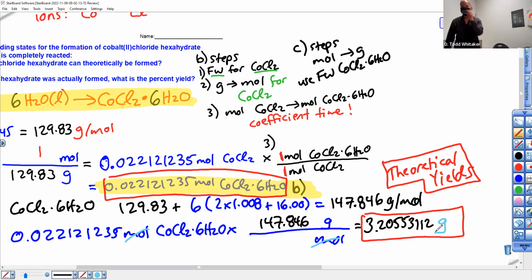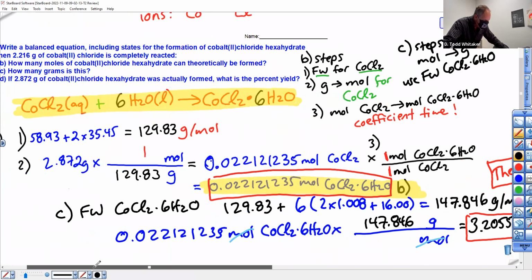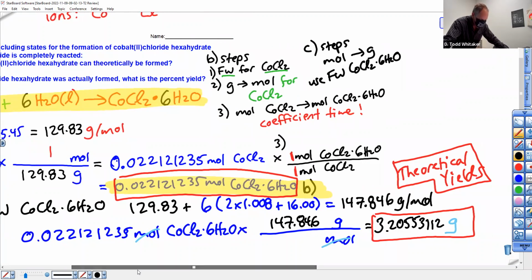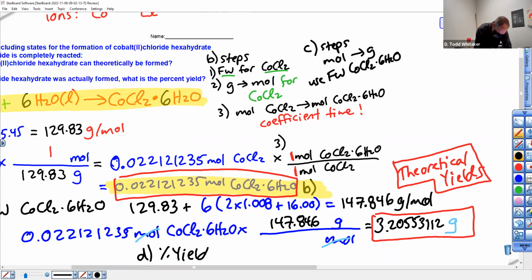I think that's the one I want to use in my next step so I can get out of here in one more minute. This is D. It gave us that 2.872 grams were actually formed. So remember, percent yield equals actual over theoretical times 100.